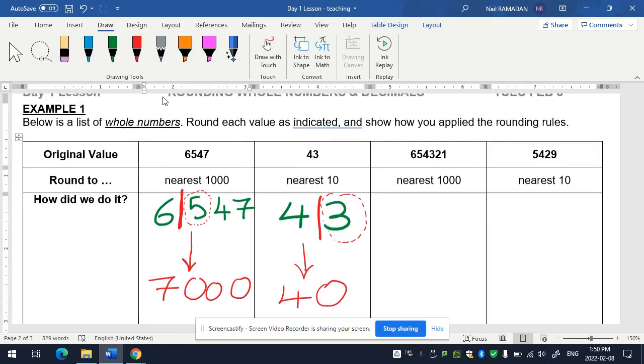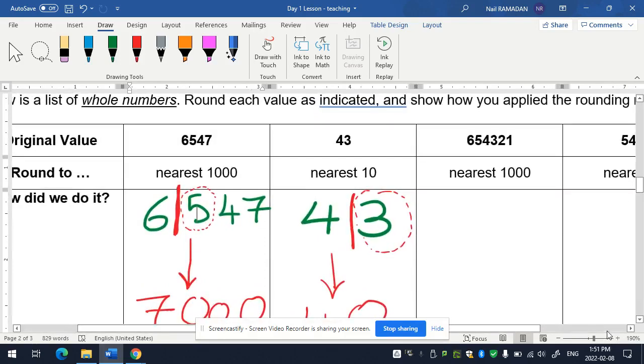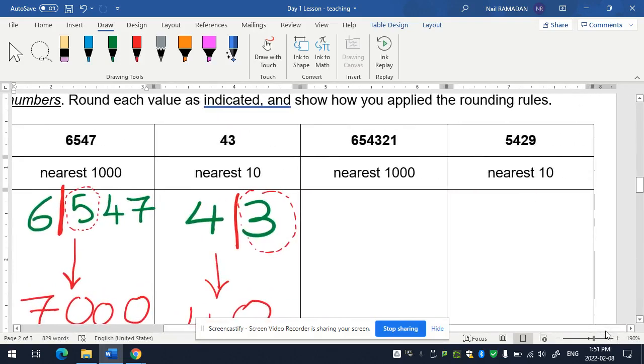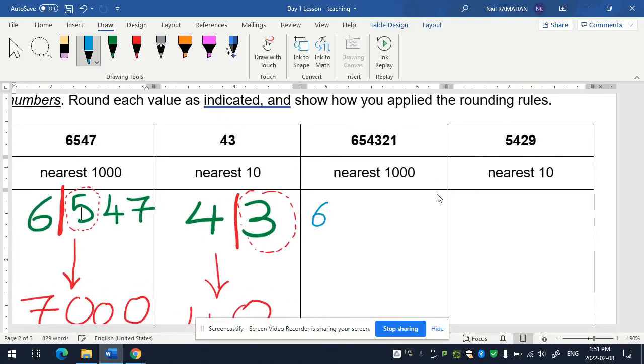How about this one? How many zeros are we looking at? 3. So I'm going to write my number first. 6, 5, 4, 3, 2, 1. And where am I going to place the red line, the cutoff line? Where am I going to place it? I'm going to move my pen. You tell me when to stop. Do you agree?